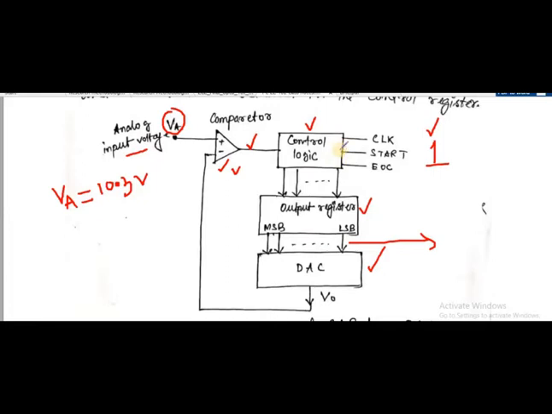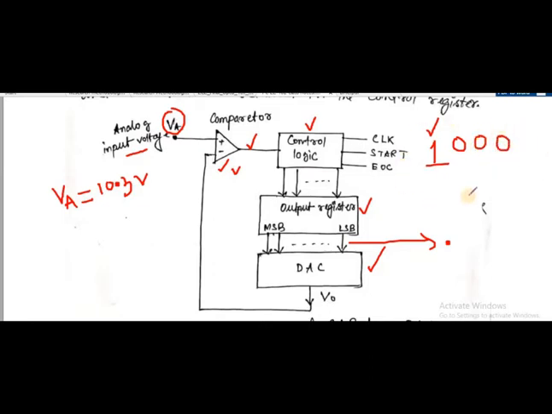Okay, now in the next clock pulse, what is the output here now? Since the MSB is 1, the output of this register is 1 0 0.